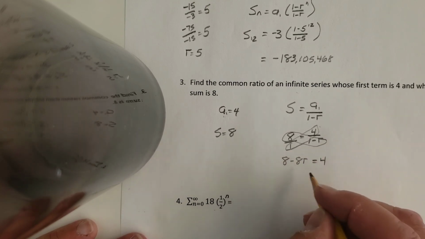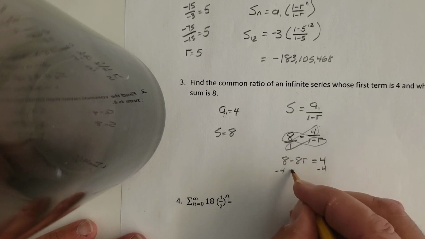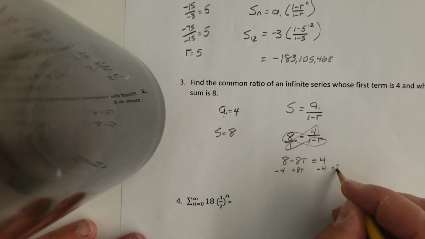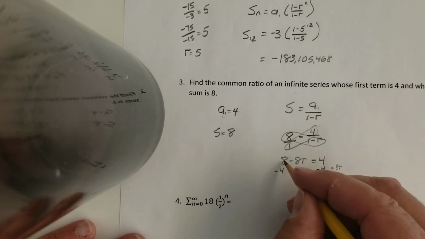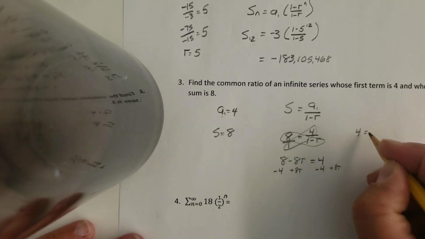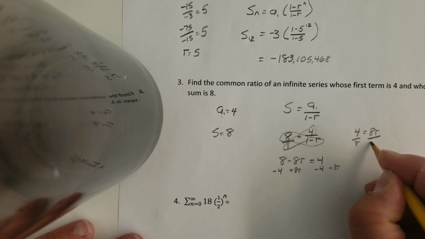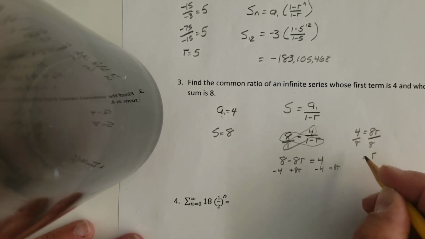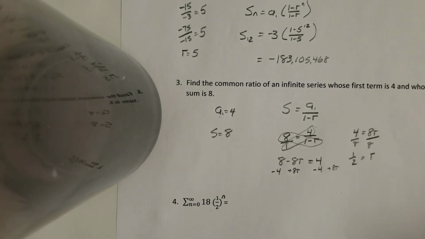I like dealing in positive numbers. At the same time I subtract 4, I'm going to add 8r. Okay, and what I end up with is 8 minus 4 is 4 equals 8r. Divide by 8, and my ratio is 1/2. Very simple. We're all set.